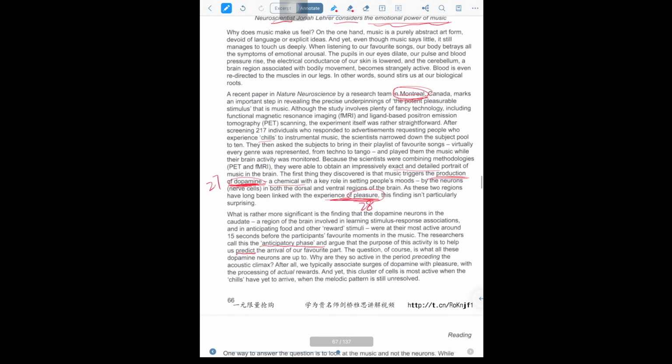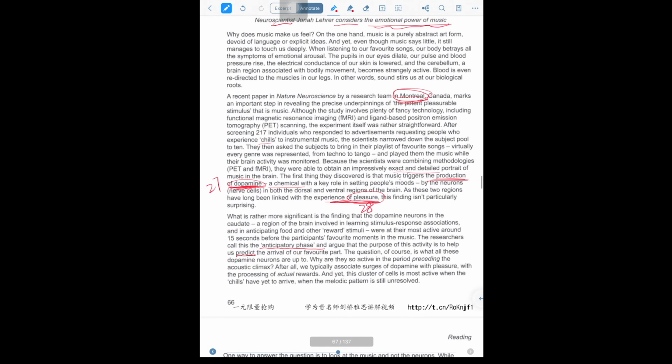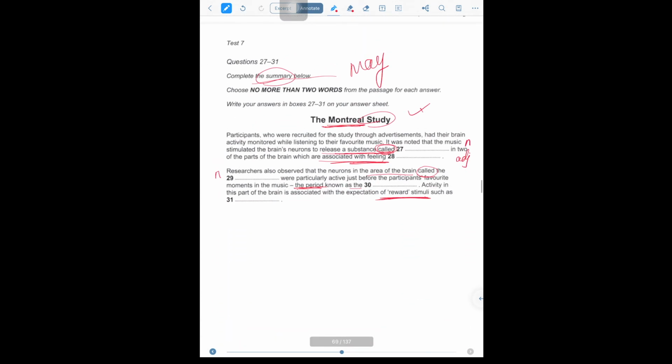So see, here are the answers for question number 37 and question number 38. This is what I mean by circling the answer. Since we all know that the answers of this question type usually appear in order in a passage, it's important to number them.